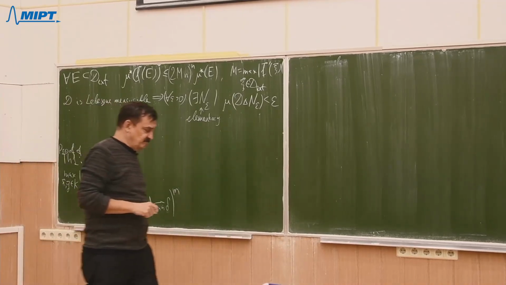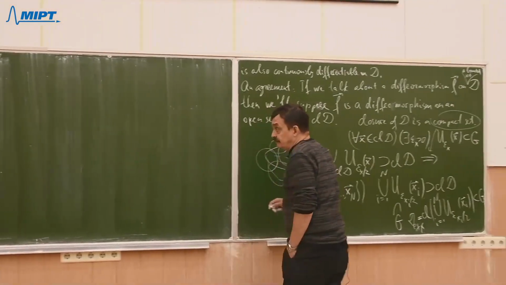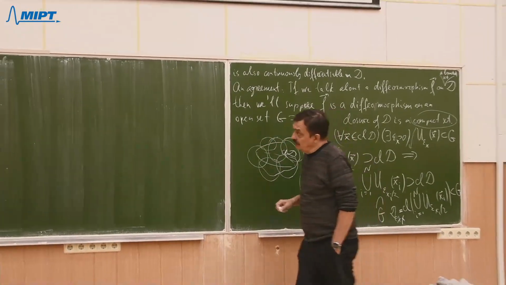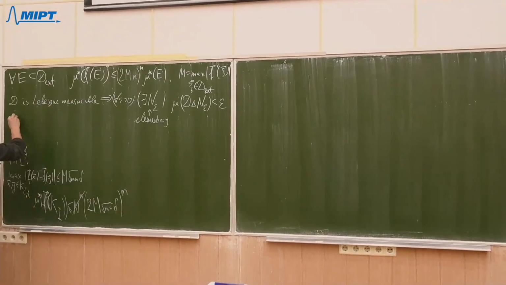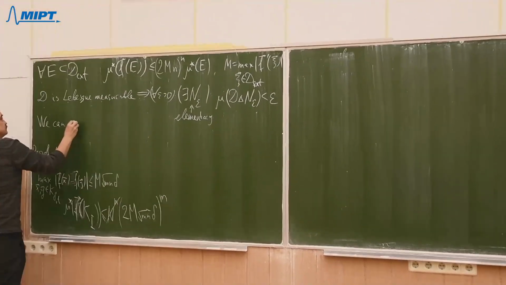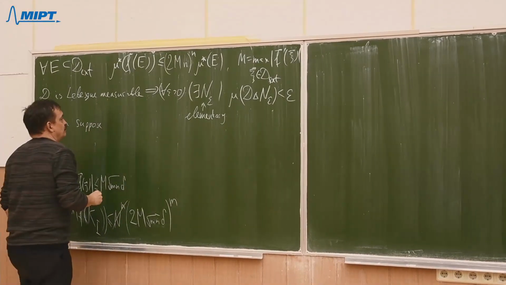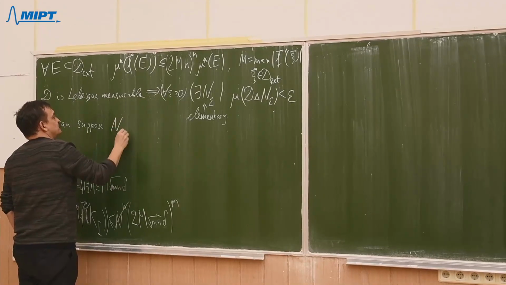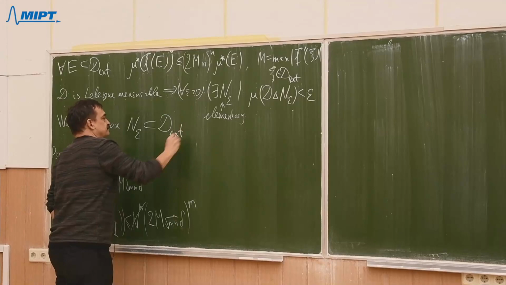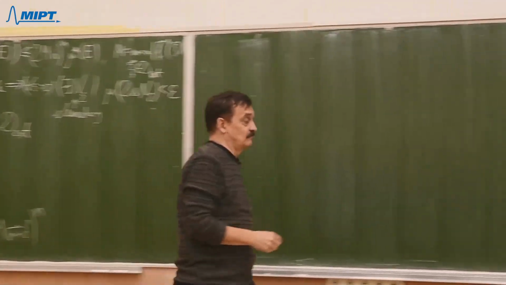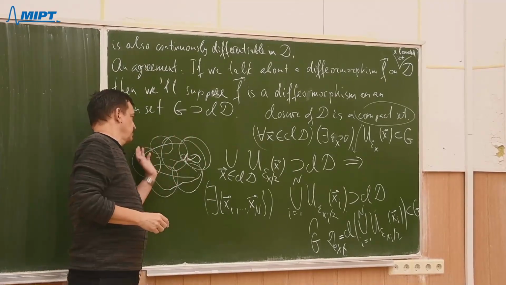Okay. Now look. We can suppose epsilon is in dx. That is because of C, what I considered here.